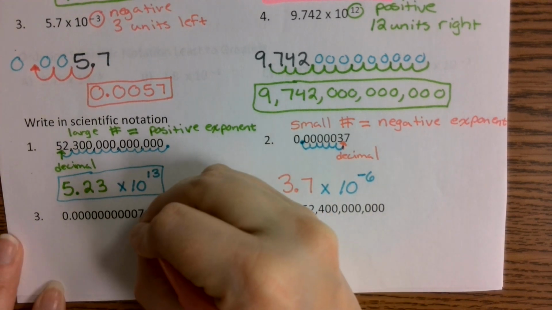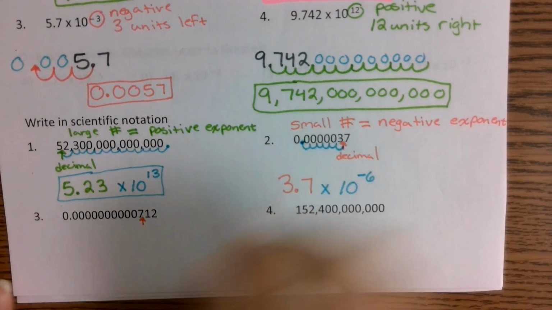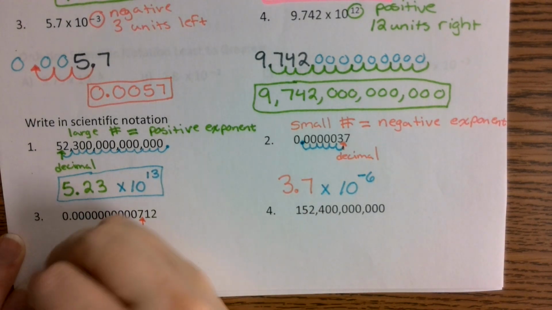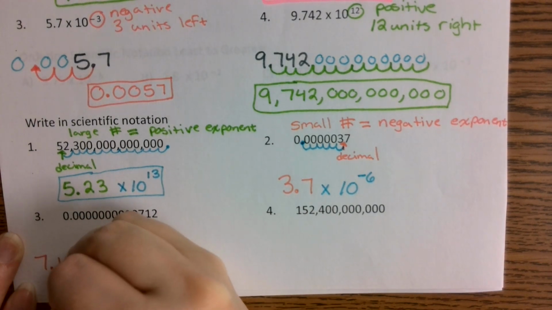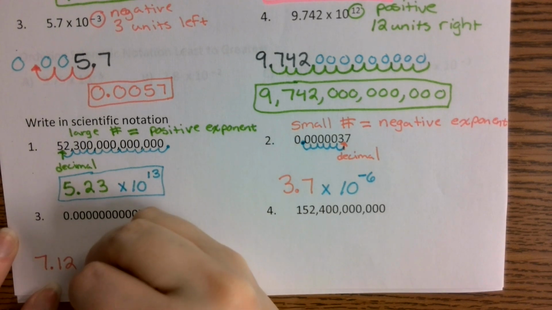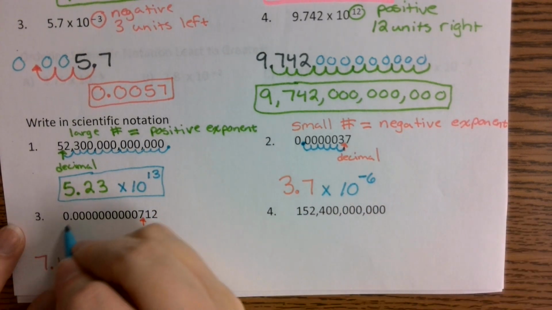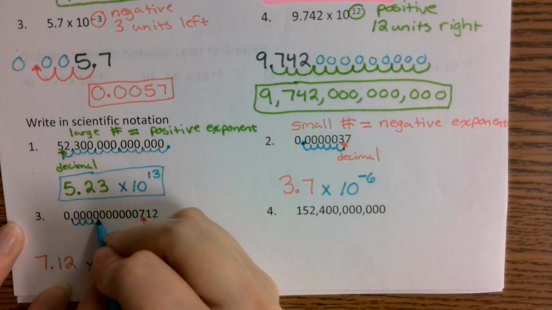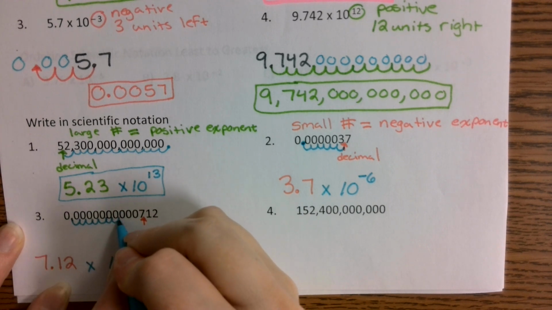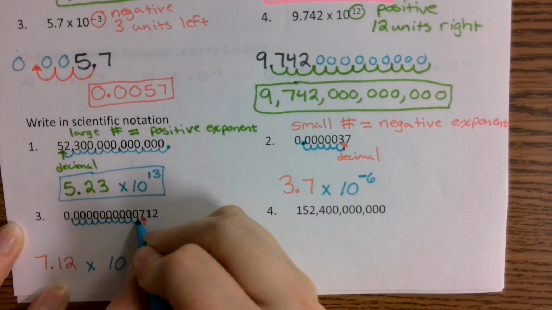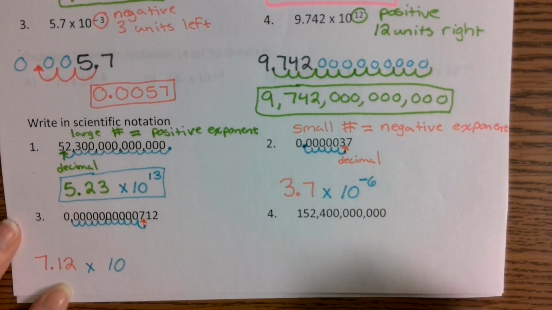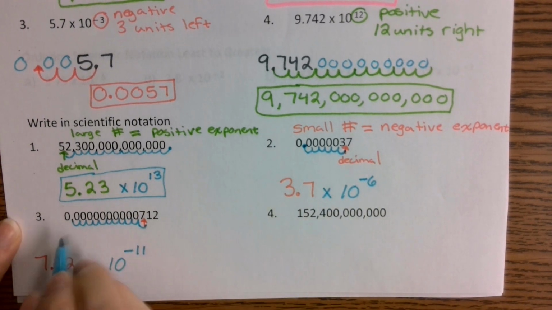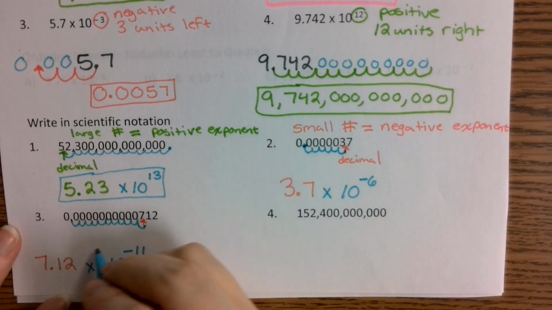Our decimal needs to go between the 7 and the 1. So we're going to create a 7.12. We know it's going to be times the base 10. And then when we calculate it, we're moving 1, 2, 3, 4, 5, 6, 7, 8, 9, 10, 11 spots. But because it is a small number to begin with, it's a negative 11.